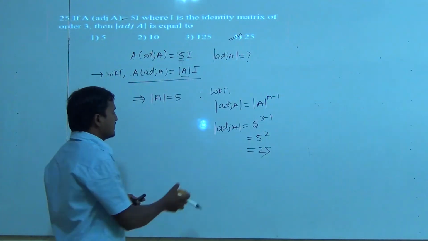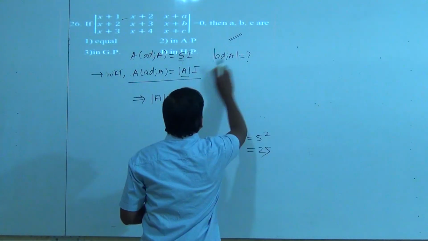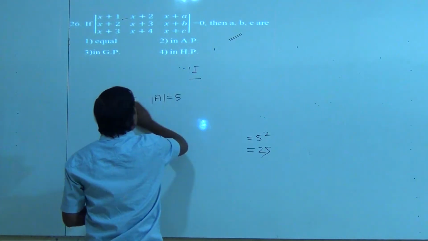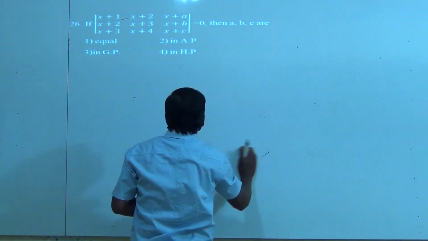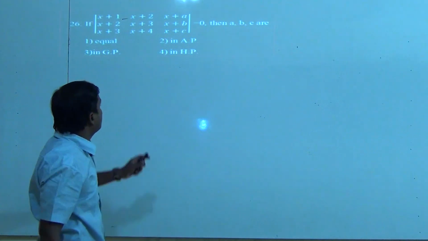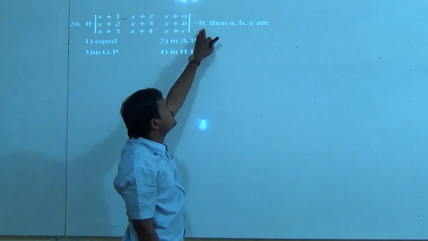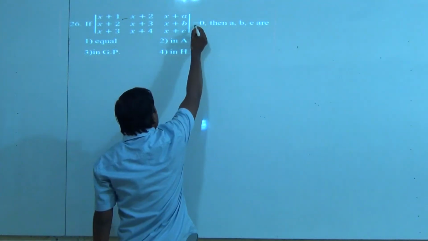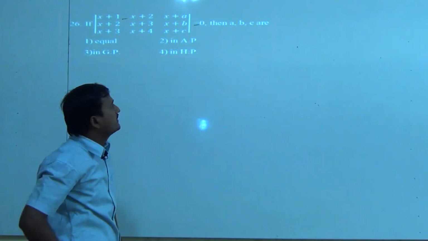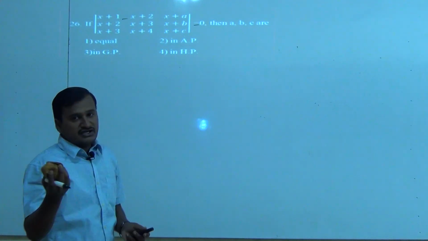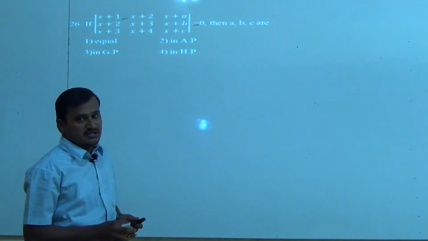We'll go for the next question, this one. Here they have given this determinant equal to 0. Then what is the condition for a, b and c?